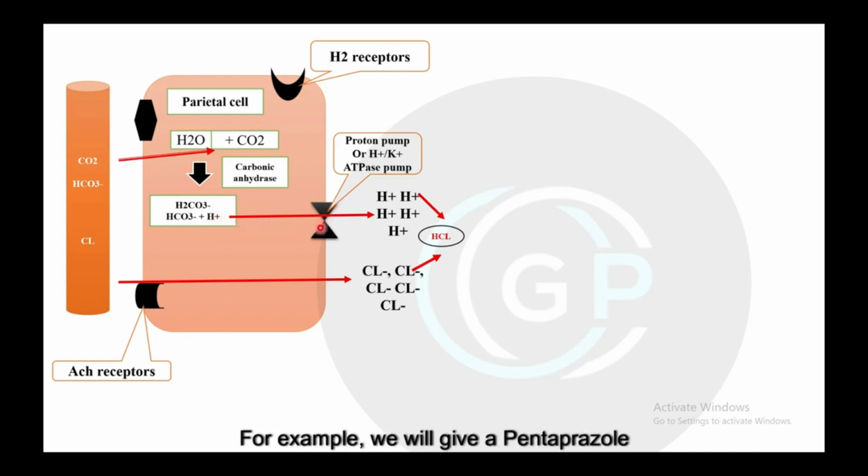For example, we'll give pantoprazole, omeprazole, rabeprazole, lansoprazole, esomeprazole. So these are PPIs, and whenever we give these drugs, they will go and bind or block this pump. When this pump is blocked, the hydrogen ion cannot come outside, and so there is no formation of HCl. This is how we can control the secretion of HCl.